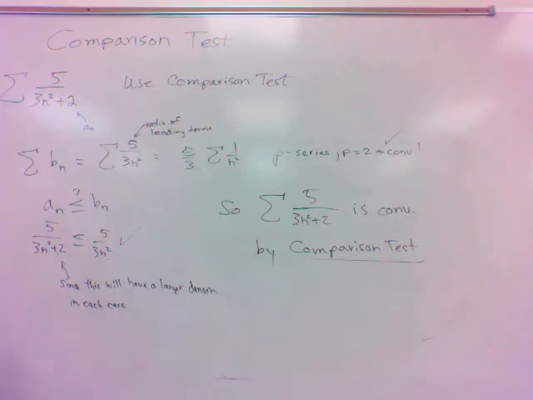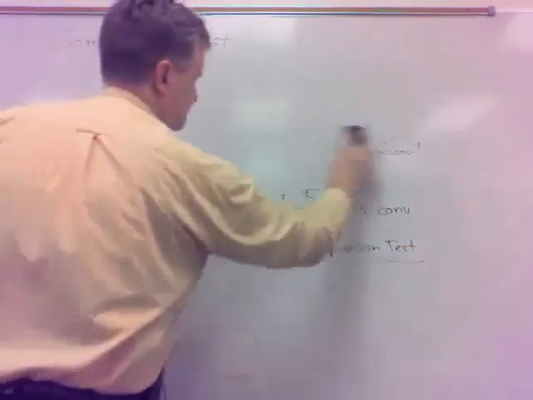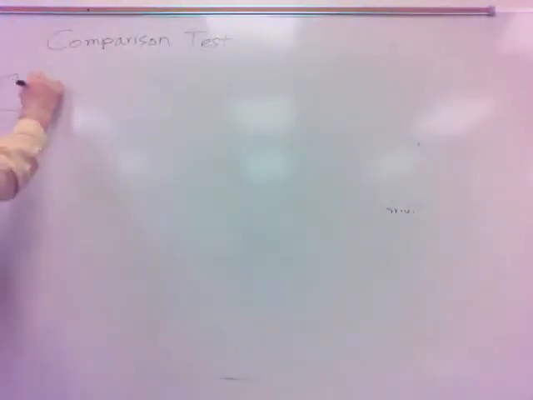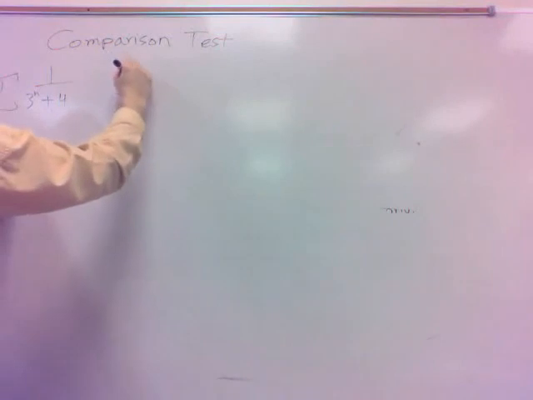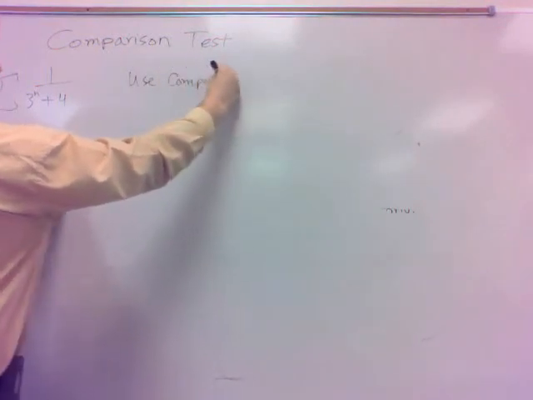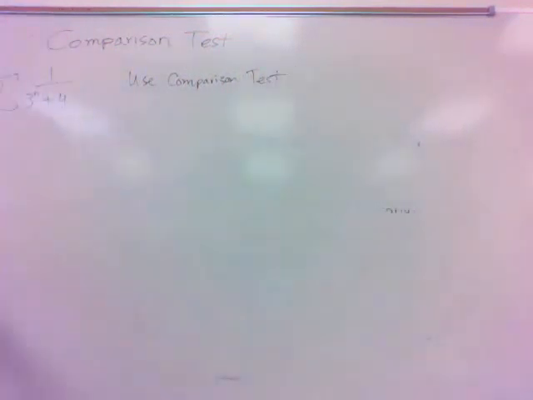How about another one? If you're okay with that. Series 1 over 3 to the n plus 4. Use a comparison test on that. All right, so my comparison here, that's a sub n.